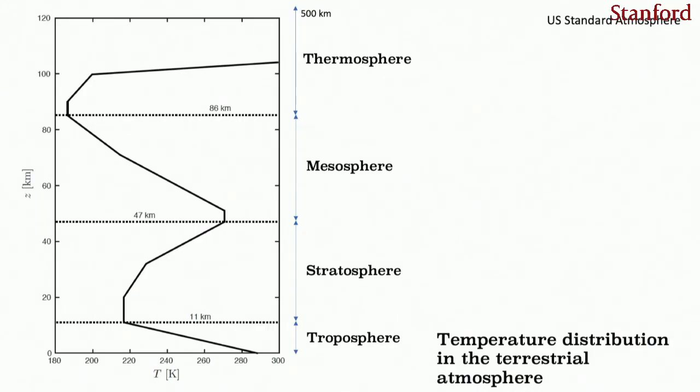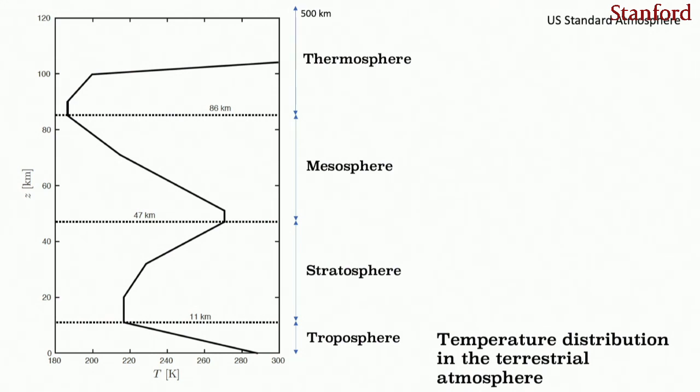Well, as I said, the temperature varies, but as you can see in the horizontal axis, it does not vary that much. You have variations that go from 300 kelvins till almost 190 kelvins at the mesopause, but those variations are nowhere similar to the exponential variations of the density and the pressure.